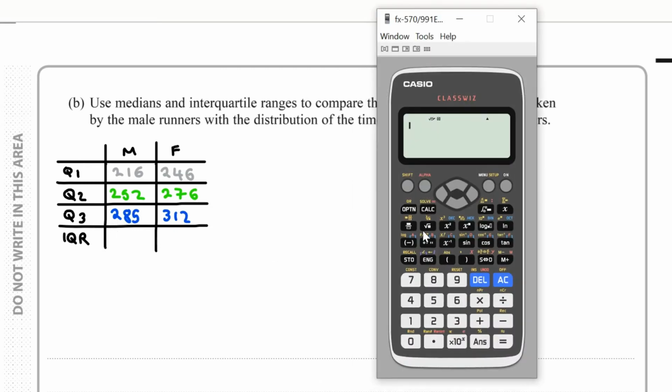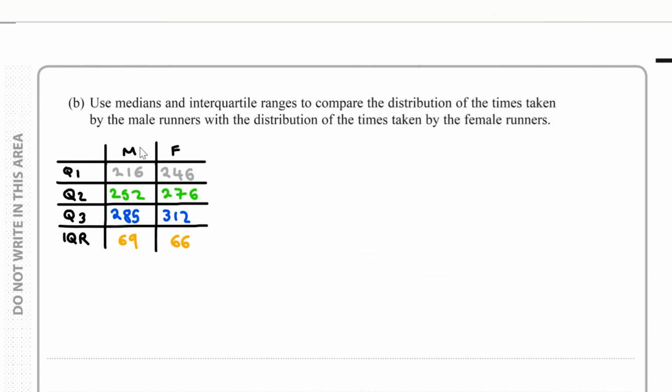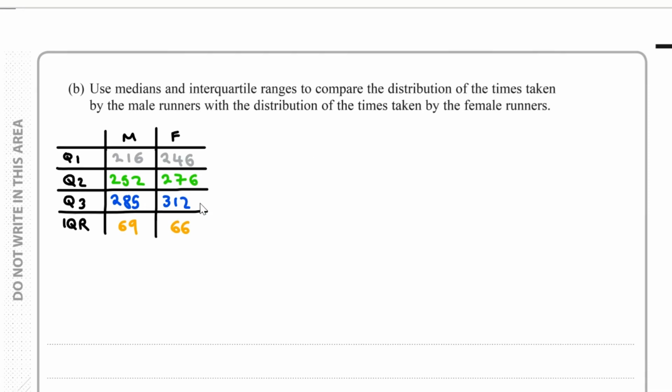So 285 take away 216, that's 69, and 312 take away 246, that's 66. So we've got the interquartile range for the males being 69 and for females 66, and the median for the males being 252 and the median for the females being 276.